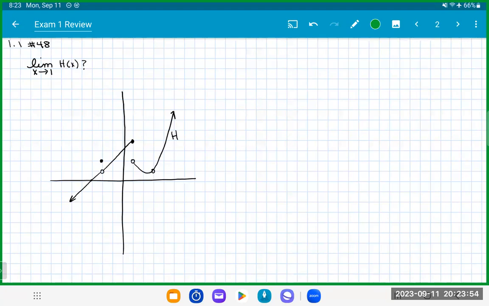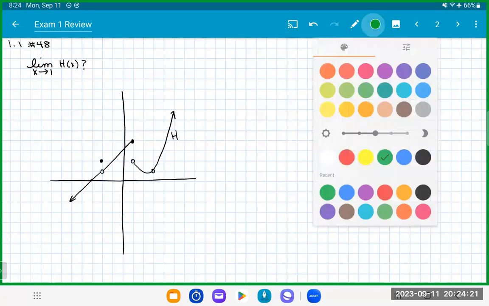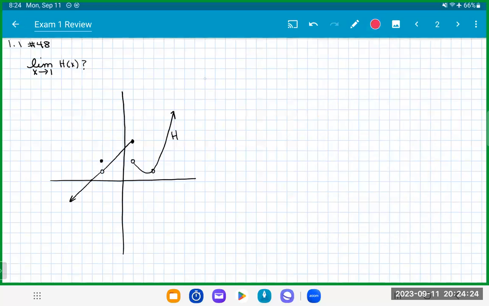Okay. So for this first problem, what it's asking us to do is determine if the limit exists for this function as x approaches 1. So a couple of things that I would point out on this one is the first thing we want to do is let's determine what is the limit as x approaches 1 from the left of our function.